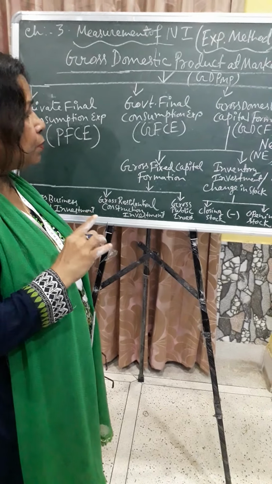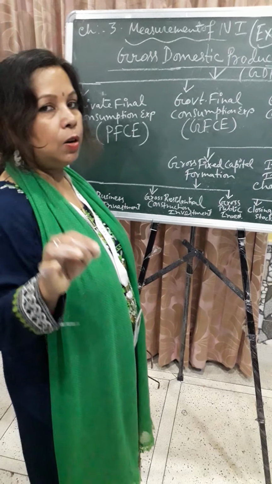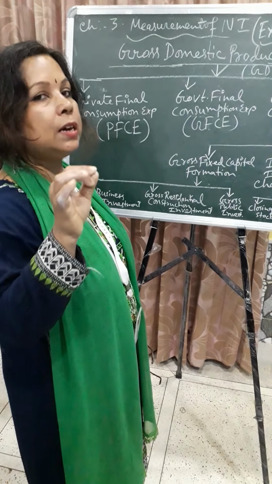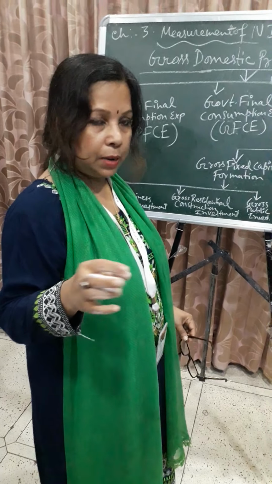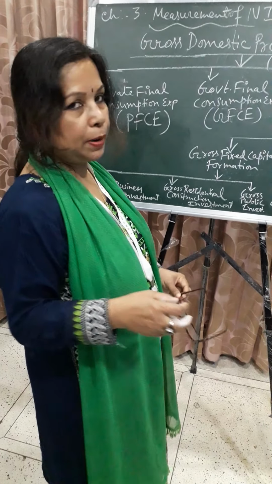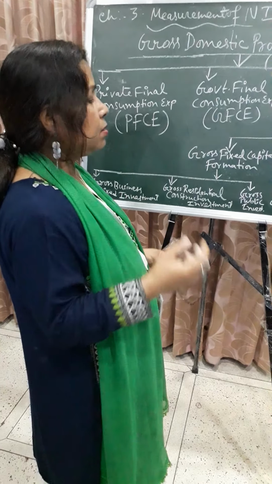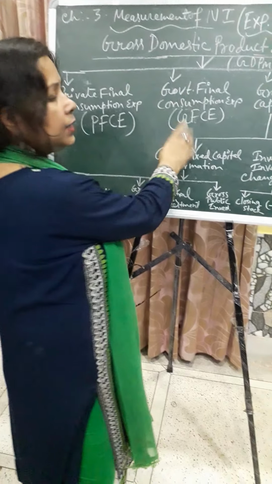It refers to the expenditure on purchase of commodities by the government. Government purchases administrative types of goods, like for defense and education purposes. The government spends money, so this is included in government final consumption expenditure.